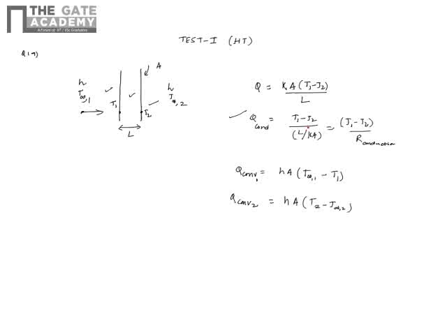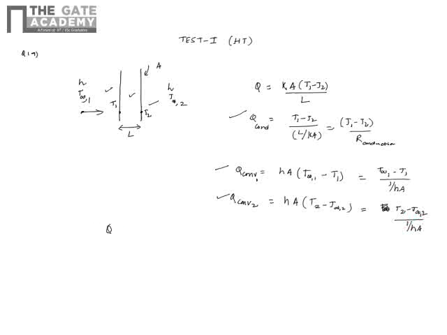Heat flow through convection is given by this, and we have convection on both sides, so I have written this. Each of these convection heat transfers we can express in terms of resistance, and even this one also, T2 minus T infinity 2 by 1 by HA.